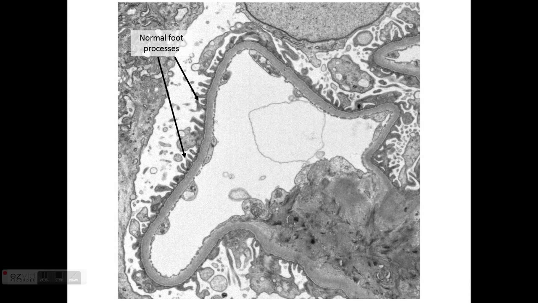When you look at the electron microscopy in these cases, you will see that podocytes usually look normal. So this is not a primary podocyte disease like primary focal sclerosis. These patients have a different mechanism for their proteinuria, although it can be very prominent proteinuria. It really doesn't come from primary podocyte disease, but from that hyperfiltration.